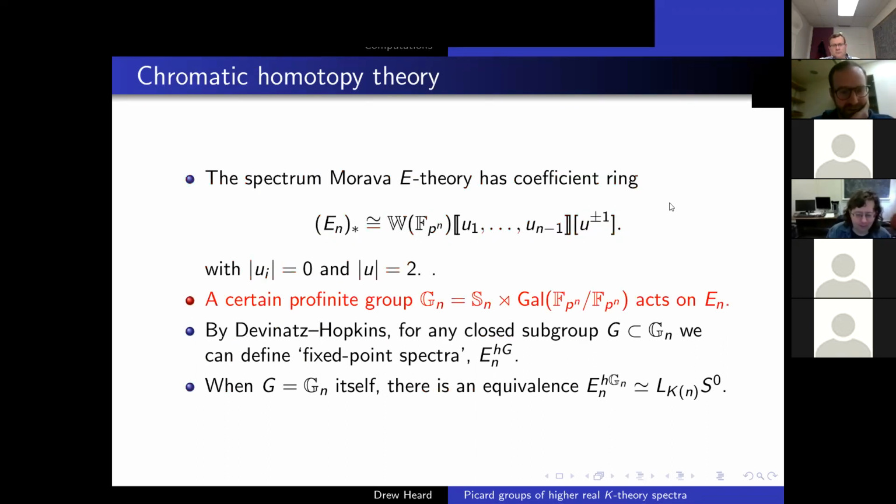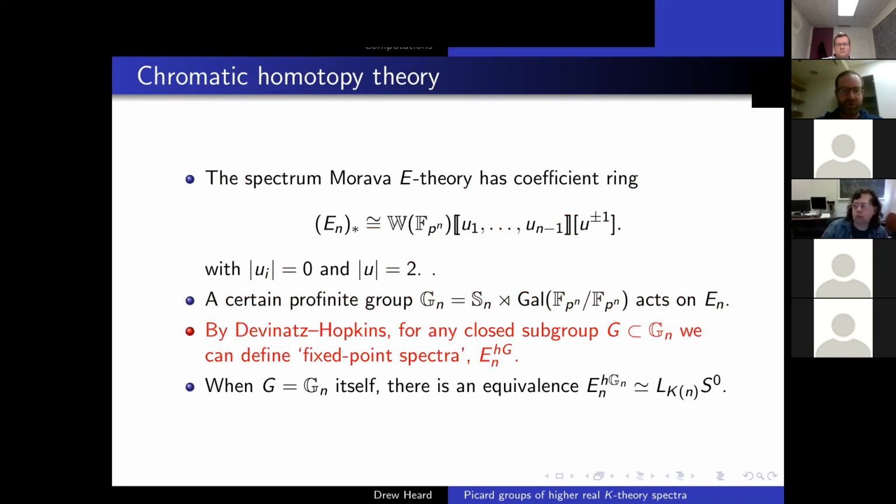It's a bit complicated to say where this comes from, but the construction of Morava E-theory comes from the theory of formal groups. By this, there's a certain profinite group that acts on E_n. And so it's also known that it acts on the spectrum E_n, and it acts in such a nice way.